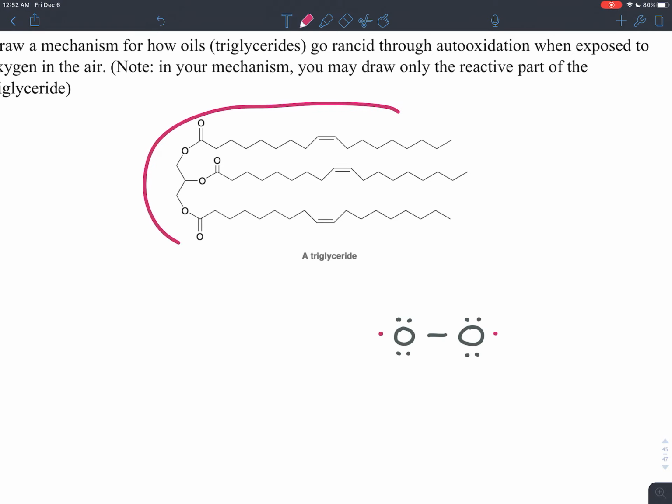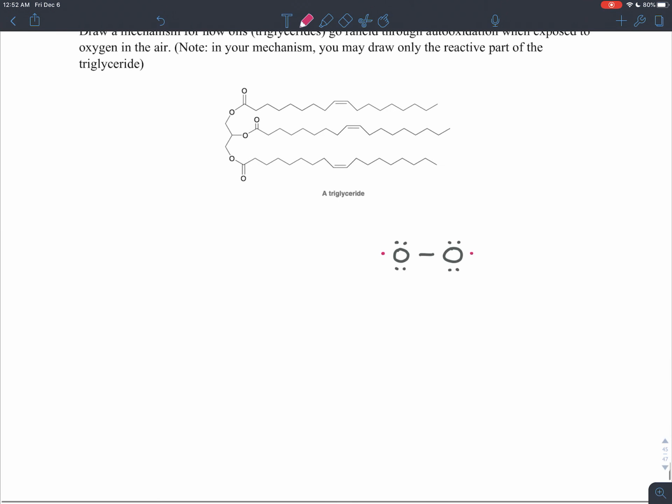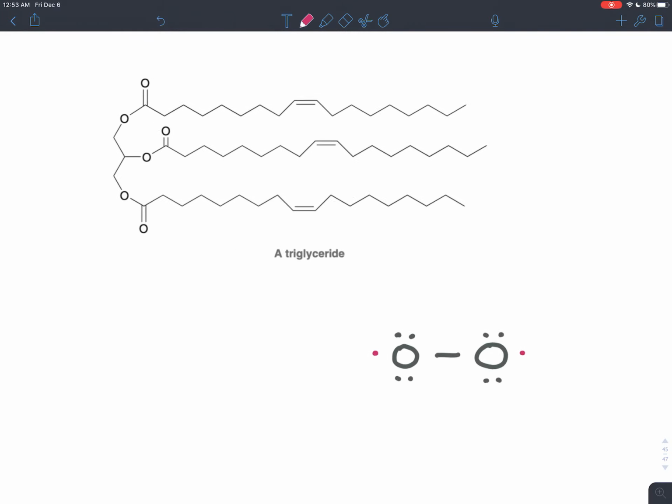But where would a radical form on this molecule? We saw earlier in this chapter that the most stable radical is an allylic radical. The least stable radical would be a primary radical, more stable would be a secondary, more stable is a tertiary, but the most stable of all would be an allylic radical.